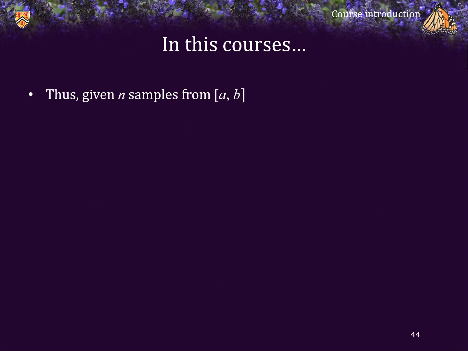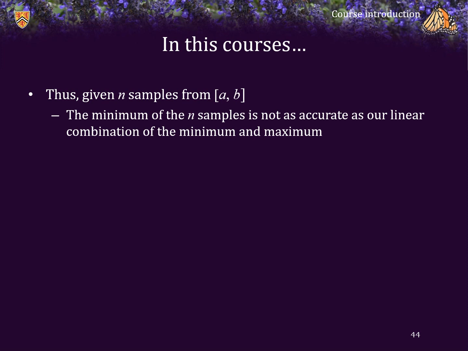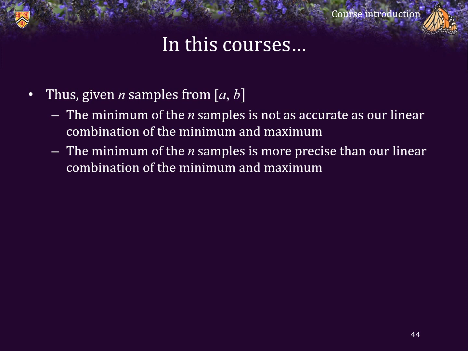All right, so given n samples from an interval AB that are uniformly distributed, that means every single point in the interval from A to B has an equal chance of being returned, the minimum of those n samples is not as accurate as our linear combination of the minimum and maximum is in approximating the value of A. However, the minimum of n samples is more precise than our linear combination in approximating A. That is, the values tend to be closer to each other.